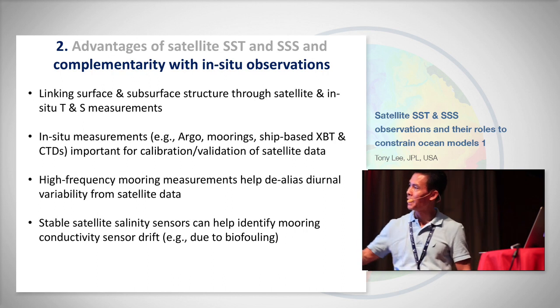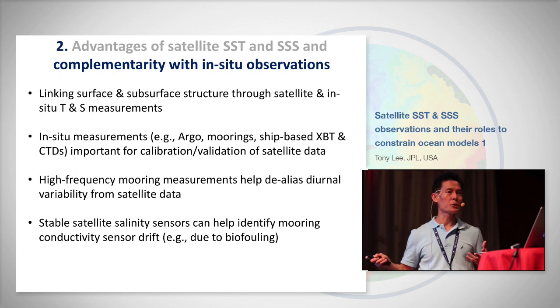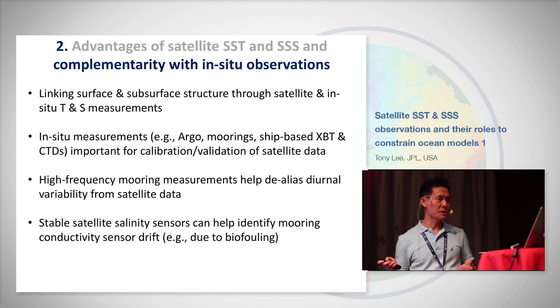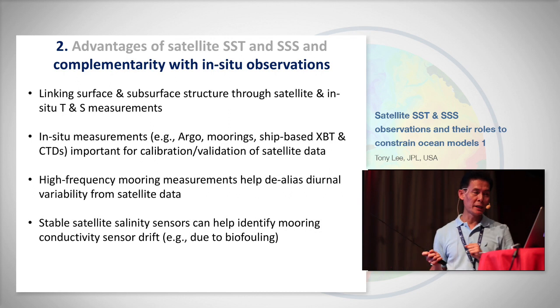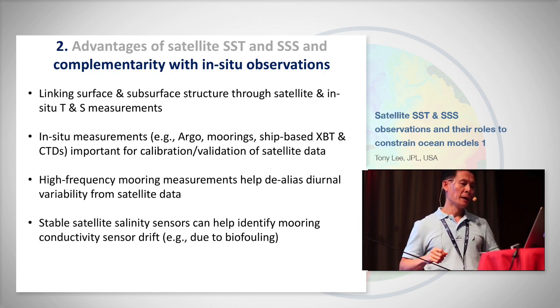In particular, the high-frequency mooring measurements help resolve the aliased diurnal cycles that are not well captured in many satellite measurements. Mark Bourassa yesterday elaborated on that in the context of wind, but the same issue applies for SST, salinity, and other satellite measurements as well.